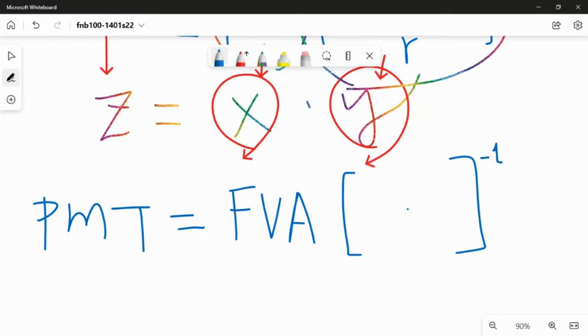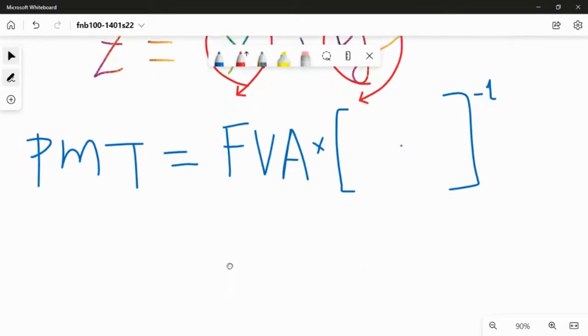Everyone understands that, right? Yes. Good, now I'm getting some response. So if we multiply by the reciprocal of the thing in the bracket, we'll get the payment.